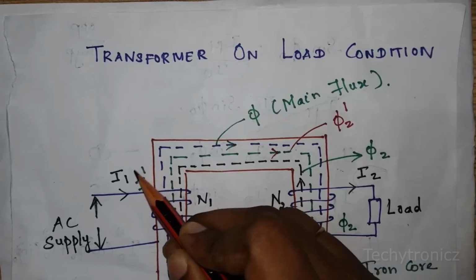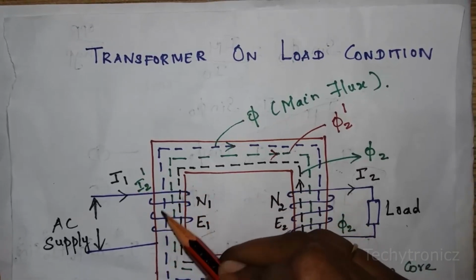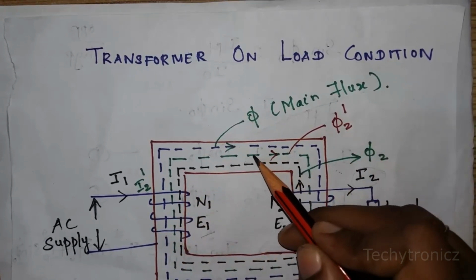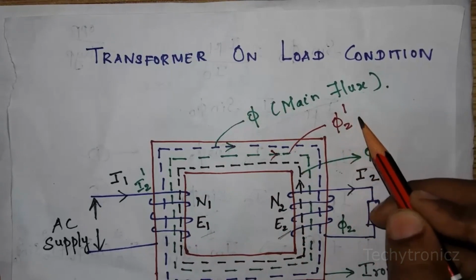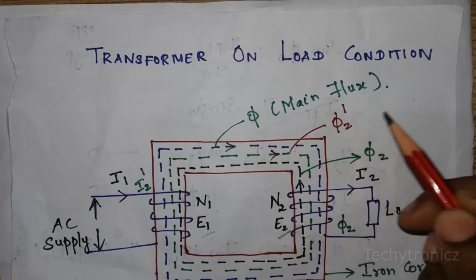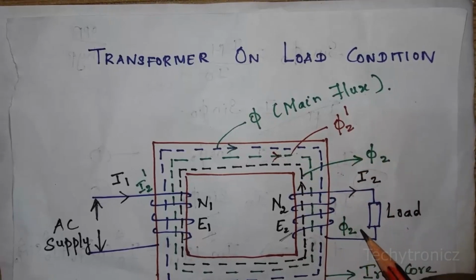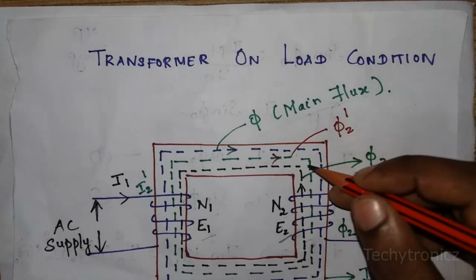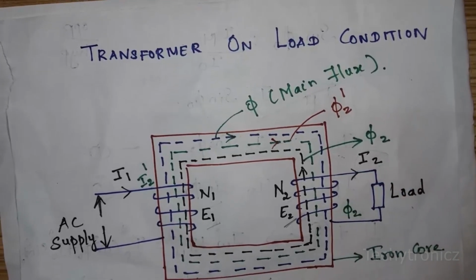When this I2 dash current flows through the primary winding, it creates a new alternating flux, called phi 2 dash. When this phi 2 dash and the new flux created by the secondary winding meet each other, they are equal in magnitude and opposite in direction.